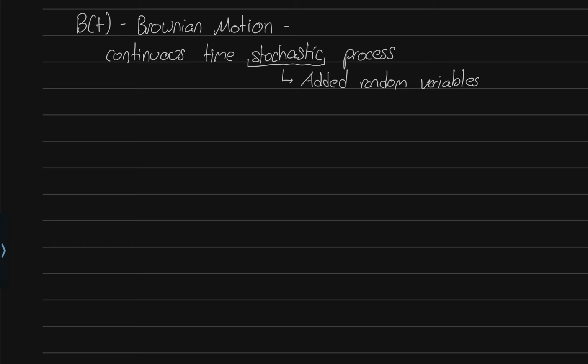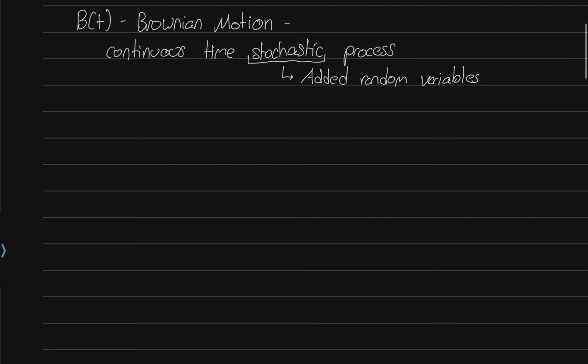Whereas in probability and statistics, we're usually given a random variable and we're told to find characteristics of it, such as expected value, variance, standard deviation, so on and so forth. But it's important to add a stochastic element when modeling a financial asset, because in the real world, financial assets do move with a stochastic nature.